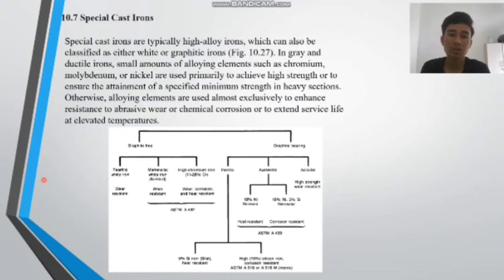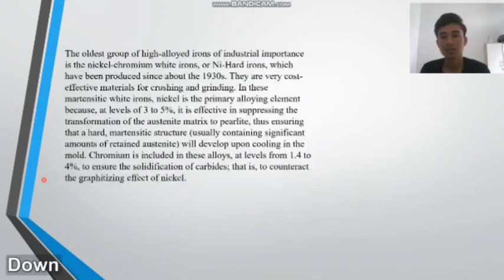Otherwise, alloying elements are used almost exclusively to enhance resistance to abrasive wear or chemical corrosion, or to extend surface life at elevated temperatures.